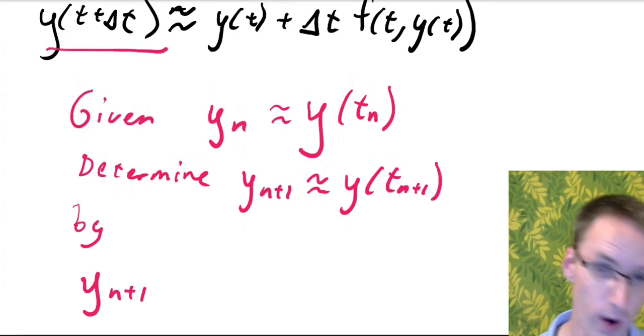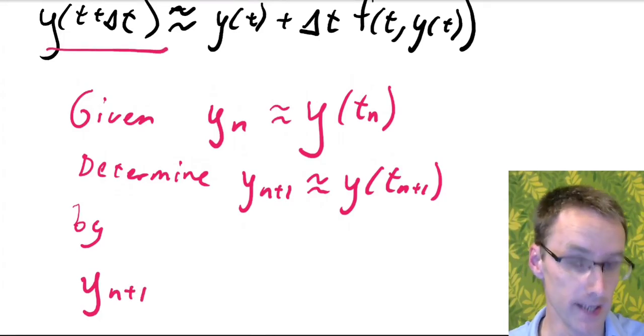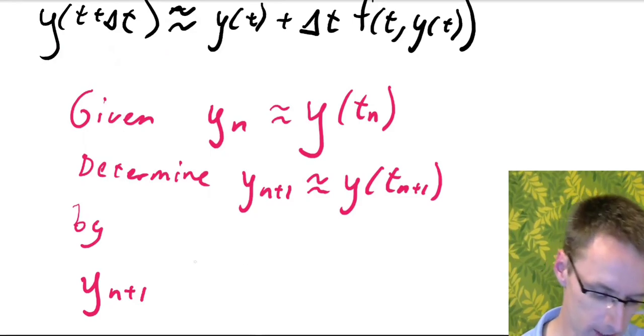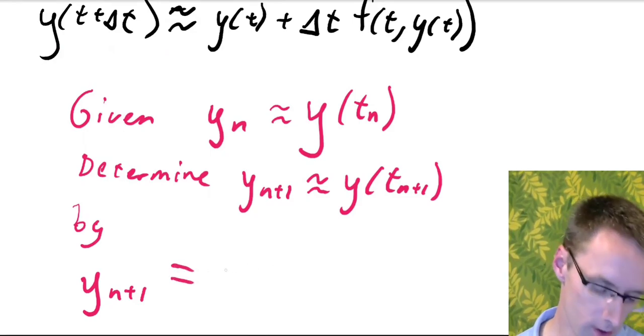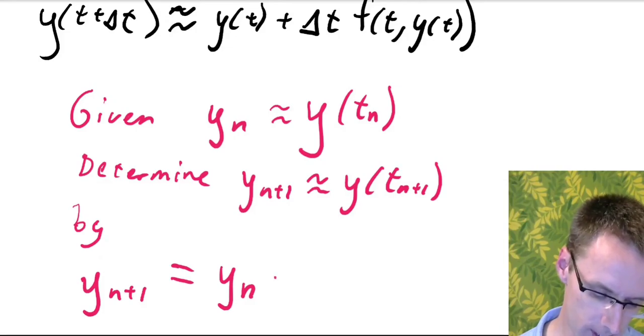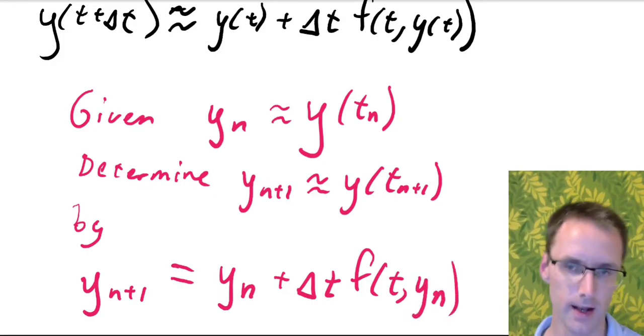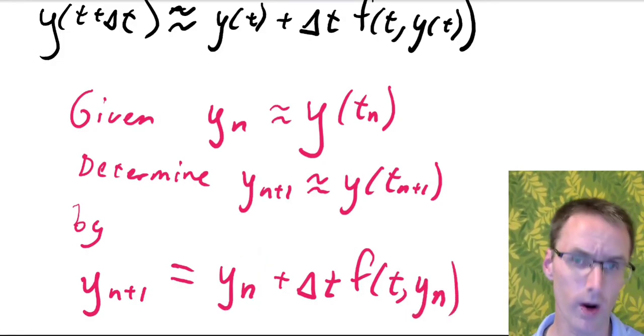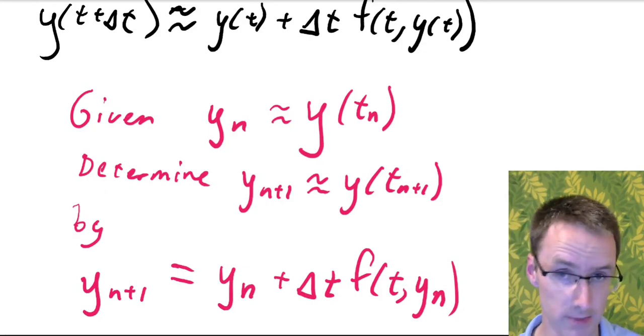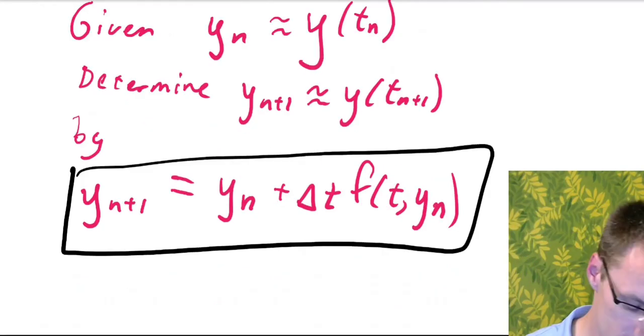So we have this y at t plus delta t, that's like y at the next time step, and we'll set this equal to y at the current time step plus delta t times f of t comma yn. And technically this might not actually be y at the current step, this might just be our best approximation to y at the current time step, but this is Euler's method.